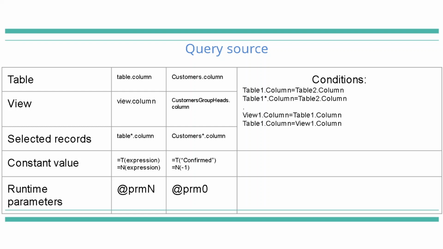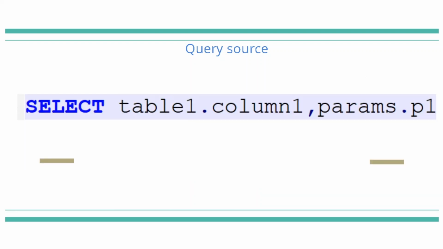All of these options affect which sources participate in the query, as described earlier, and also affect what values result from it, which is equivalent to specifying the expression in an SQL select clause.